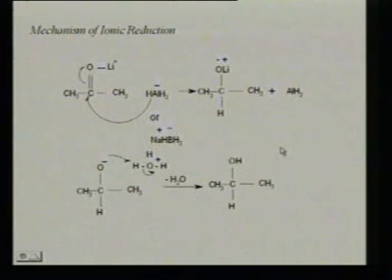Aldehydes react with these reagents, but ketones do not. Aldehydes and ketones can be reduced by catalytic hydrogenation to alcohols, and they can also be reduced to alcohols by ionic reduction reagents like lithium aluminum hydride and sodium borohydride.